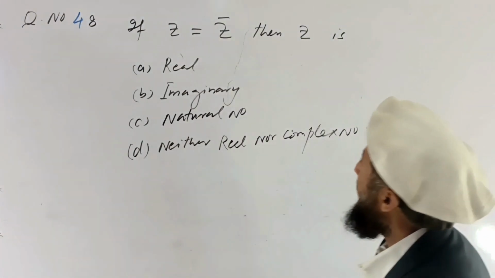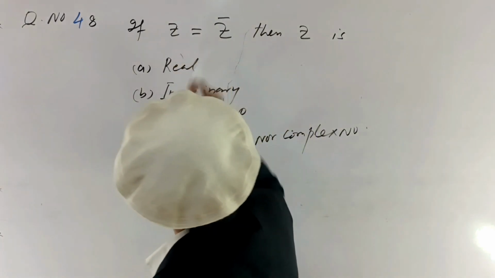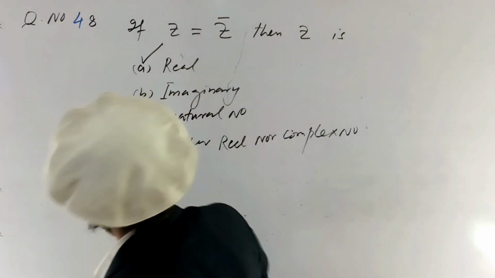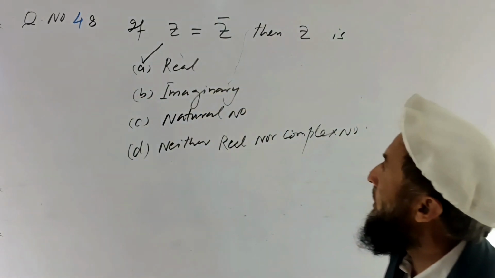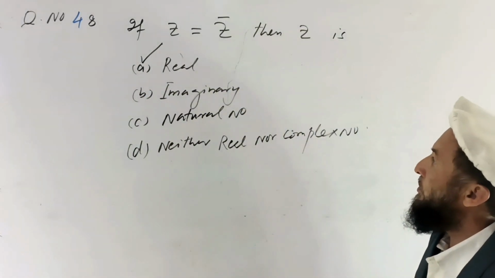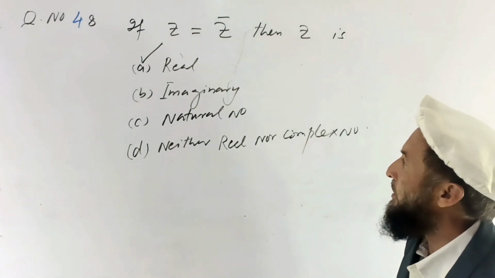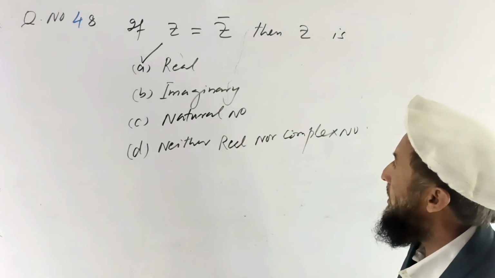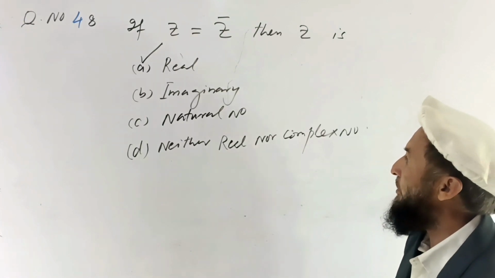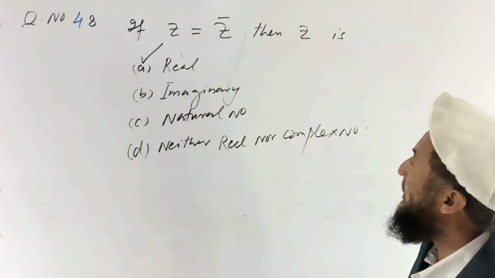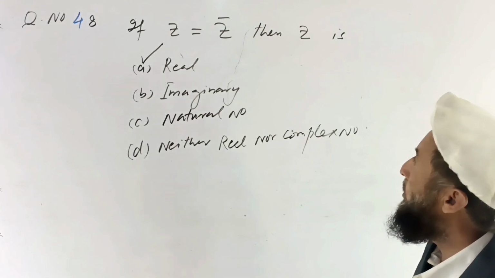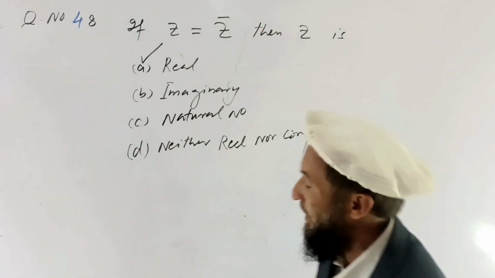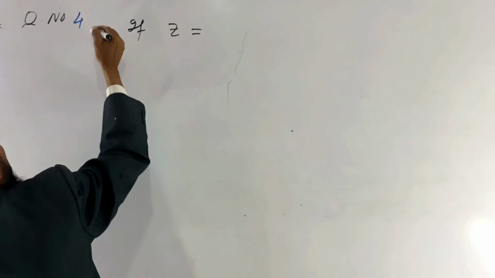So the result will be z is equal to z bar. So then z is any real number. And real numbers are all the combinations of integers, natural numbers, positive integers. So the result will be z is any real number.